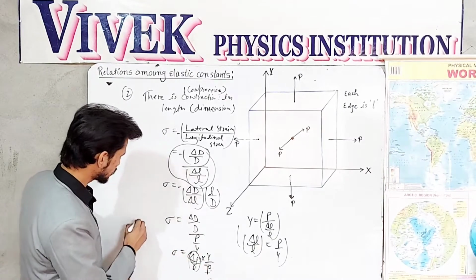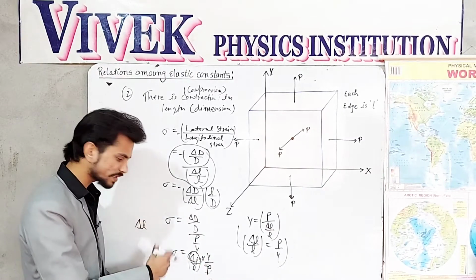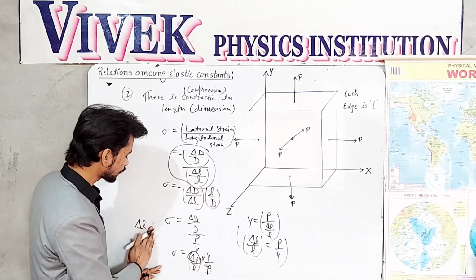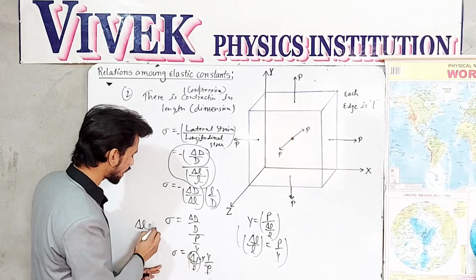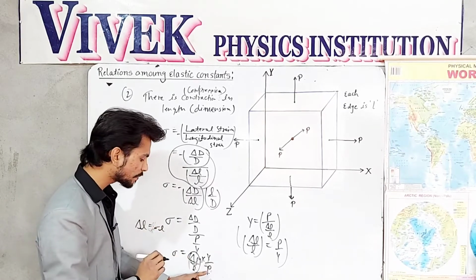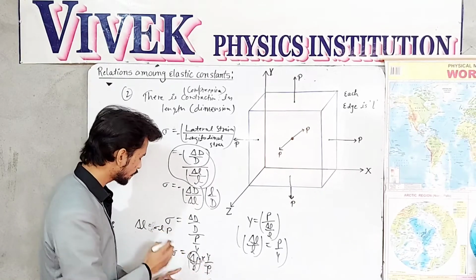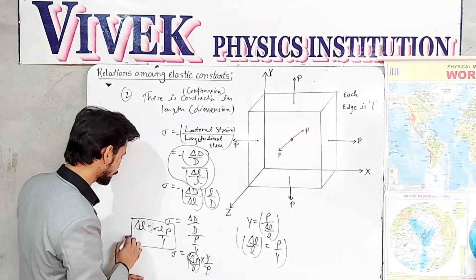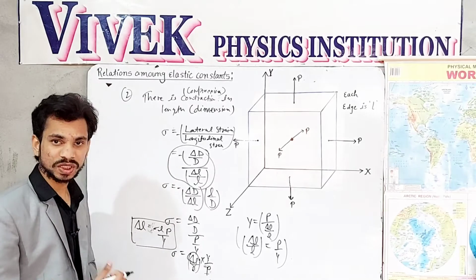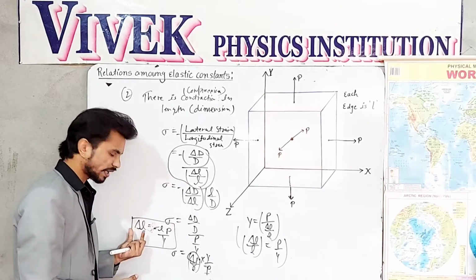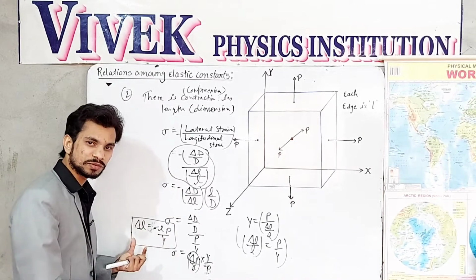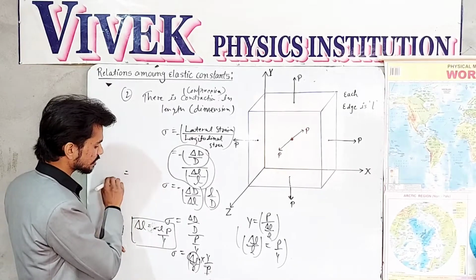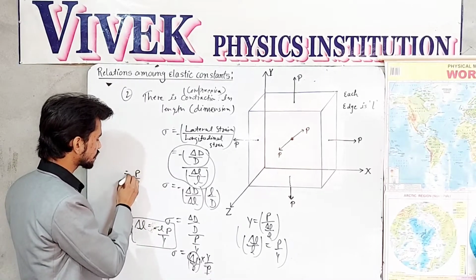This delta L equals sigma times P over Y times L. So this is what we have for contraction in any dimension of a cube. This can also be written simply as sigma times P over Y times L.